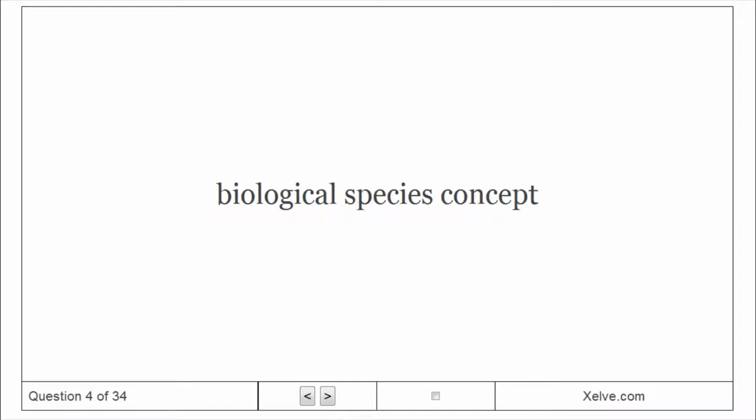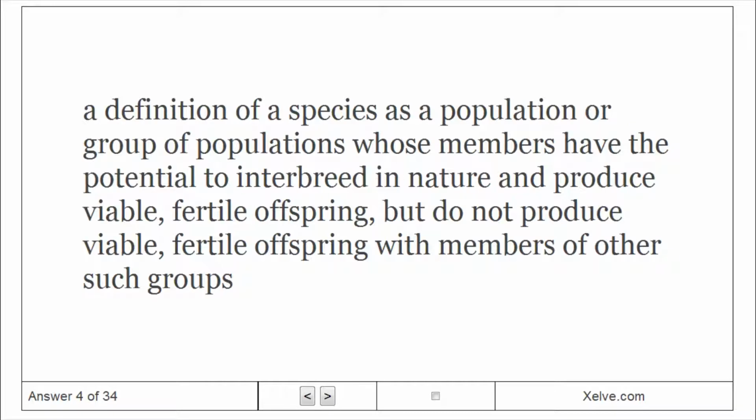Biological species concept. A definition of a species as a population or group of populations whose members have the potential to interbreed in nature and produce viable, fertile offspring, but do not produce viable, fertile offspring with members of other such groups.